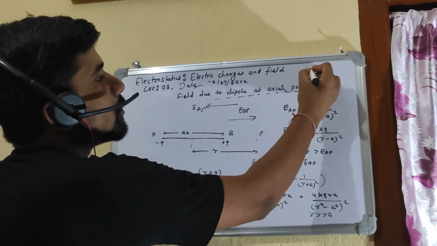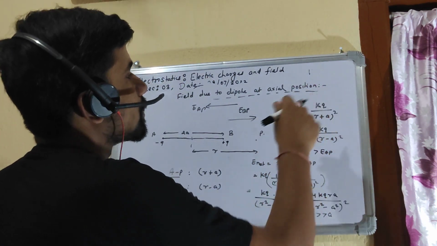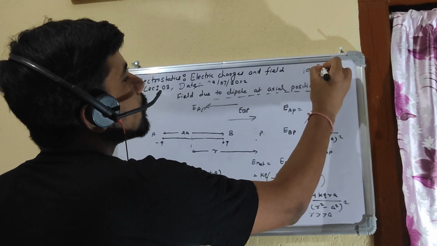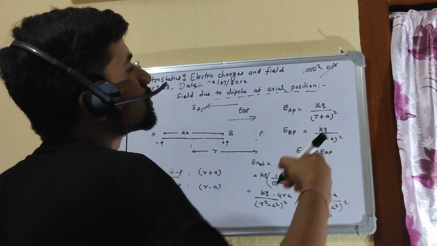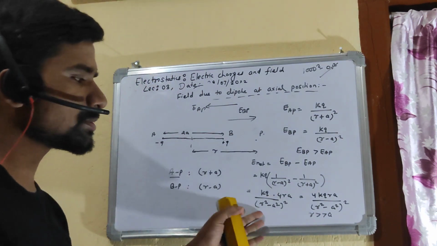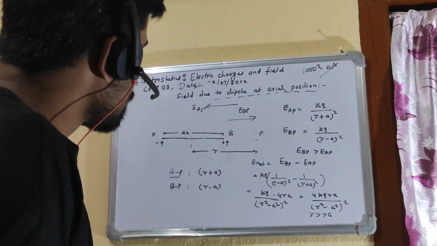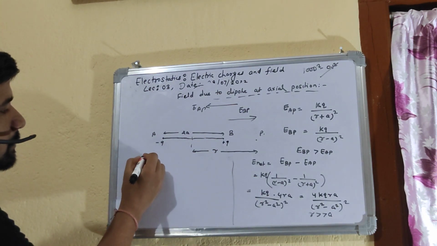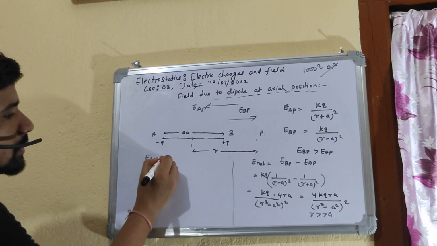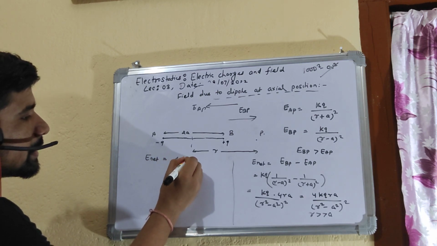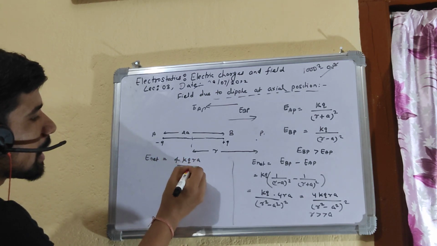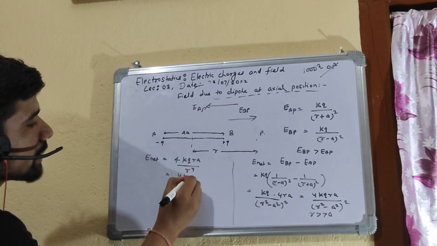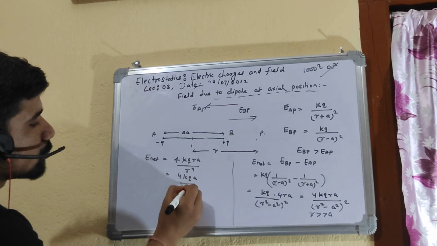Like let's say we are doing 1000 square minus 0.1 square. We can still ignore this 0.1 because it is very negligible. So now the net electric field will come around 4kqra upon r square whole square, which is r to the power 4, right? So now r and r will cancel, so it will be 4kqa by r cube, right?